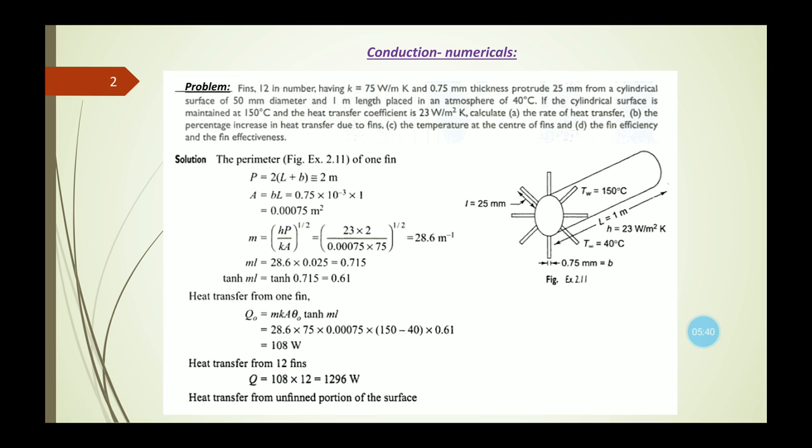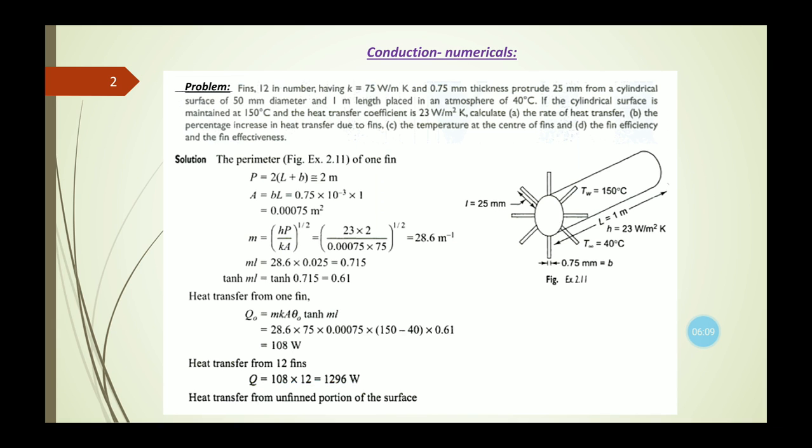And the heat transfer from one fin, if we need to calculate, then the formula of this heat transfer is equal to m k A theta naught tanh(mL). This formula is familiar to us. Now putting all these values here, we can calculate the heat transfer from one fin as 108 watt.